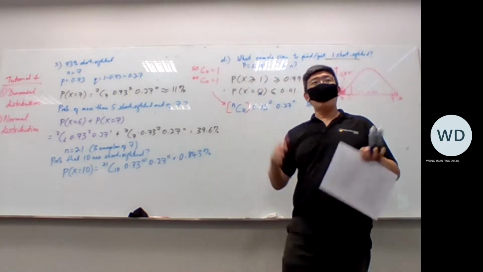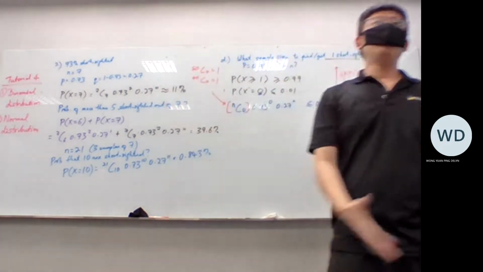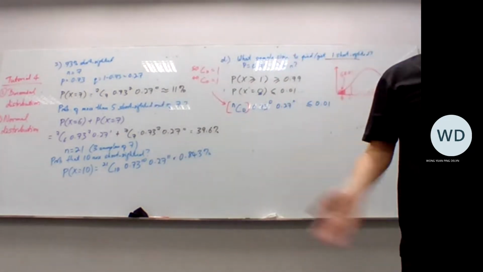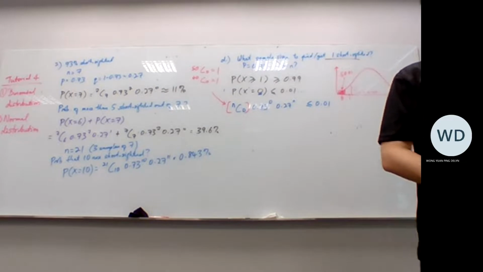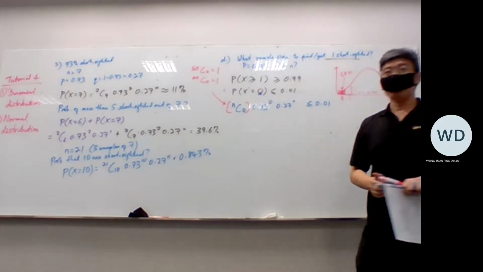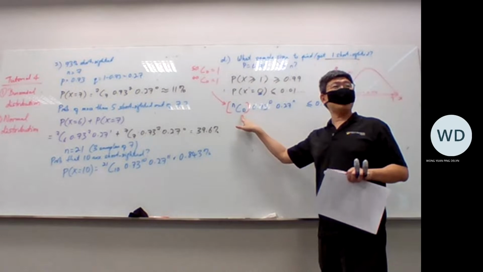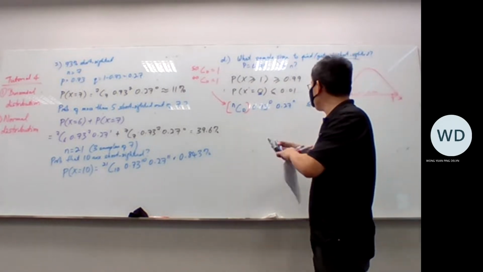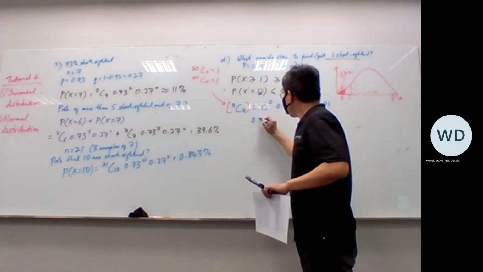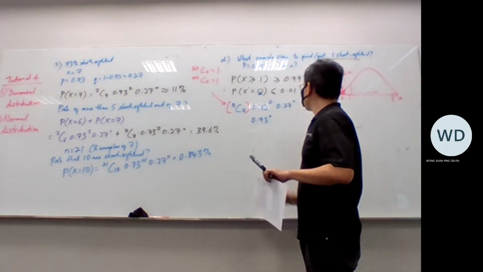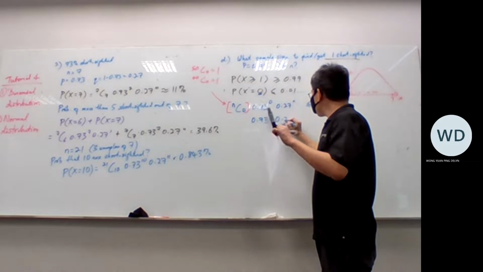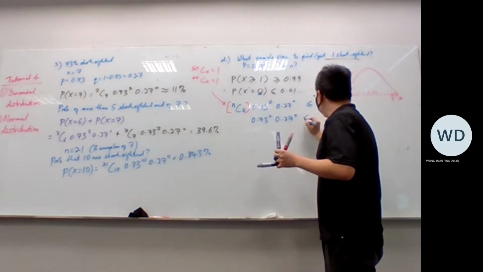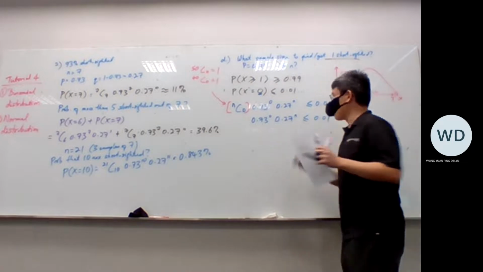So you are actually asking how many ways from a bin of 50 you choose nothing. There's only one way of choosing nothing. It doesn't care how big or how small the bin is. So this is 1. It doesn't make any difference now, which means that all you care about is this part: 0.73 to the power of 0, times 0.27 to the power of n, is less than or equal to 0.01.